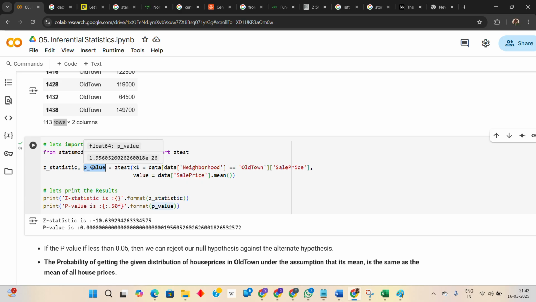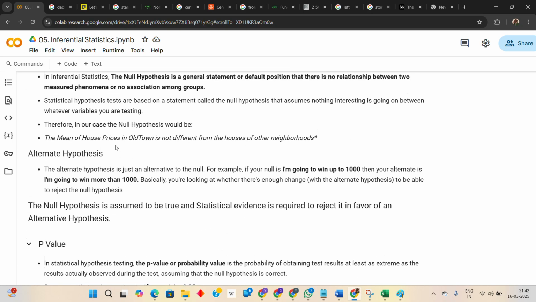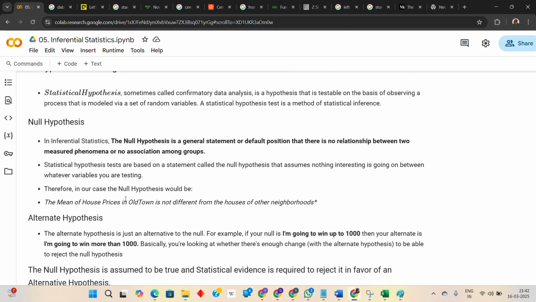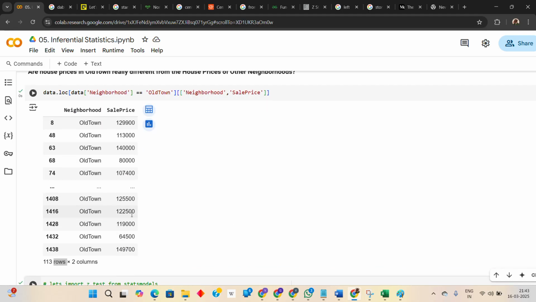If my p value is less than 0.05, then the null hypothesis, whatever I stated, is wrong. The alternate hypothesis is true. The alternate hypothesis is simply the opposite of the null hypothesis. That is, the mean of the house prices in Old Town is actually different from the mean of the houses of other neighborhoods. Is that clear?